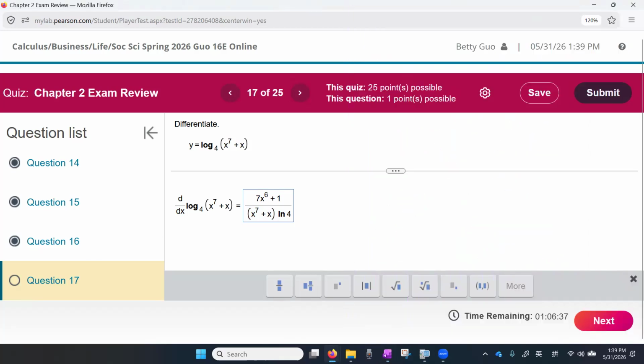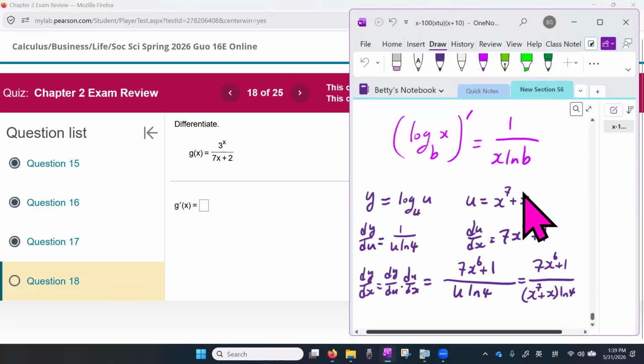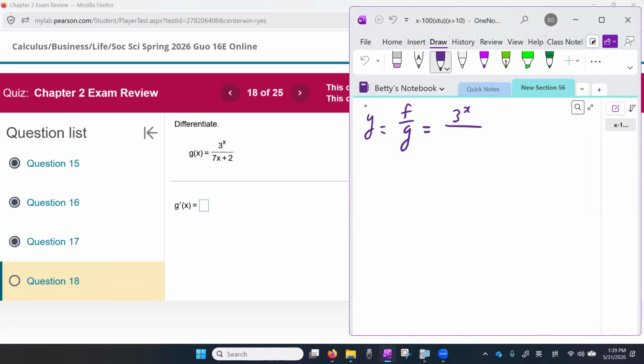All right, next. Question number 18. Differentiate the quotient. We're going to use the quotient rule. Let's say y equals f over g. F is 3 to the power x. G is 7x plus 2.